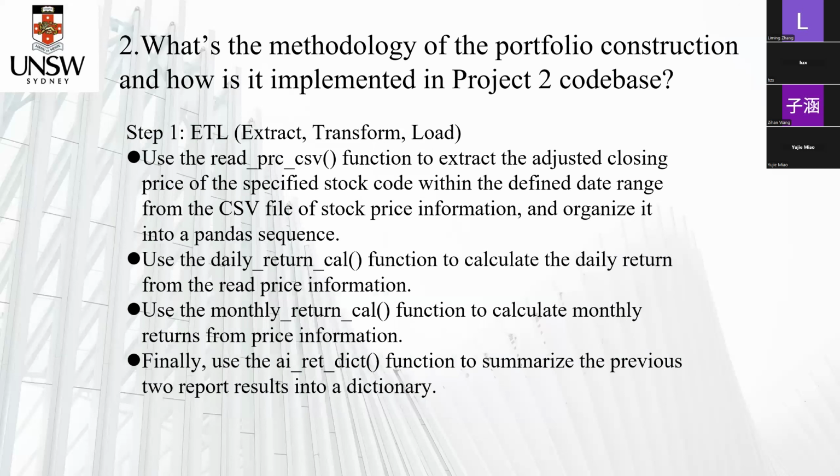And how it is implemented in Project 2. Step 1, ETL. The main purpose of this step is to extract data, transform this data to meet analysis needs, and finally put it in a centralized system for analysis. Firstly, use the read_pick_csv function to extract the adjusted closing price of the specific stock code within the defined date range from the CSV file of stock price information and organize it into a pandas series.